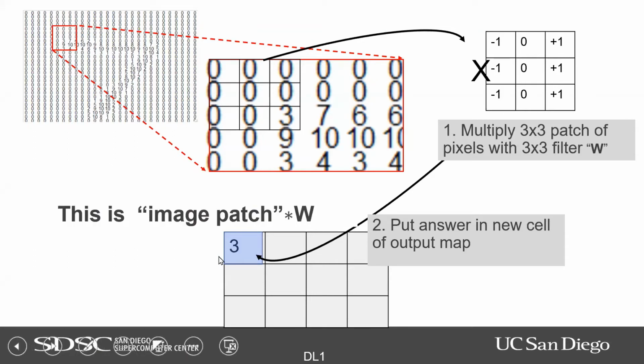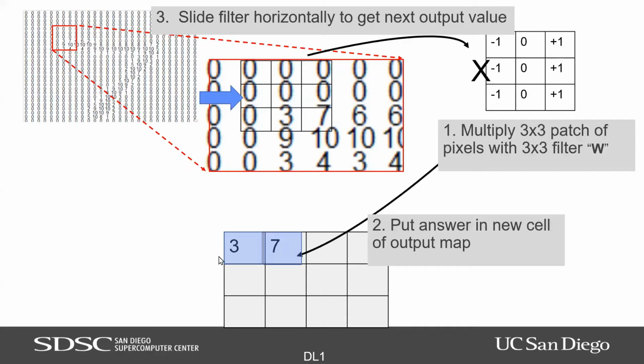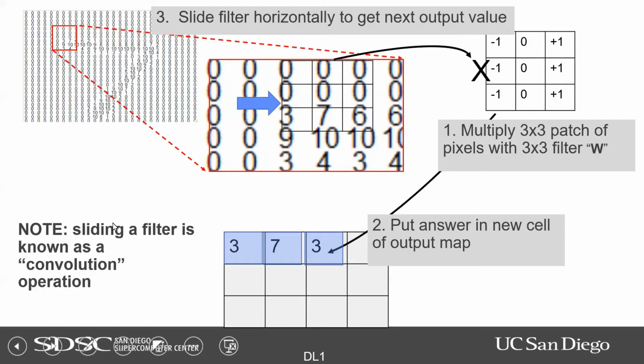Okay, so it's image patch times my weight. Then I'm going to slide my patch over to the right and repeat this operation, and I end up with a 7. I'm just going to keep doing that. The next one is a 3. So sliding the filter is basically a convolution operation.